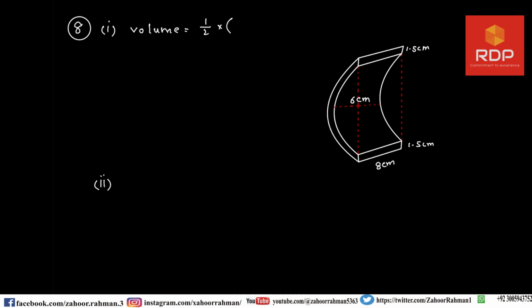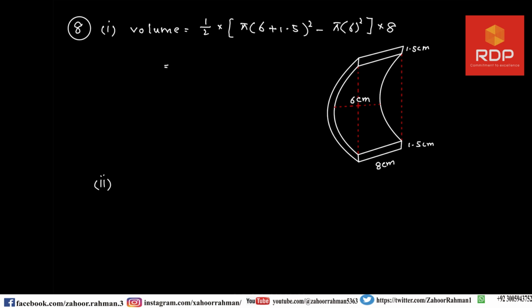So here we have pi into (6 plus 1.5) square minus pi into 6 square, into 8, which is the height.